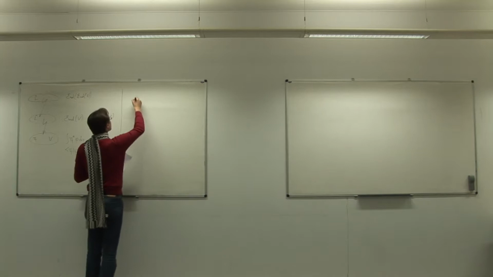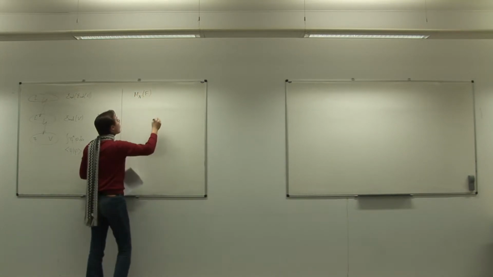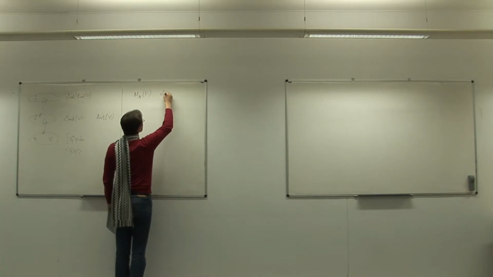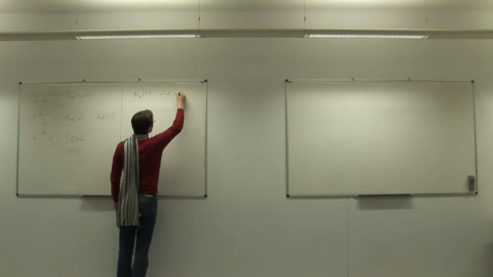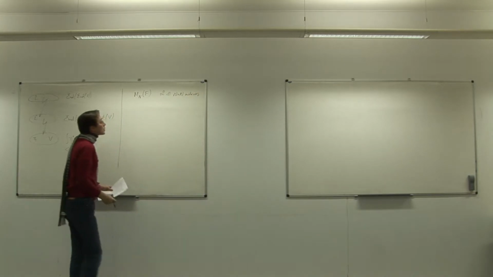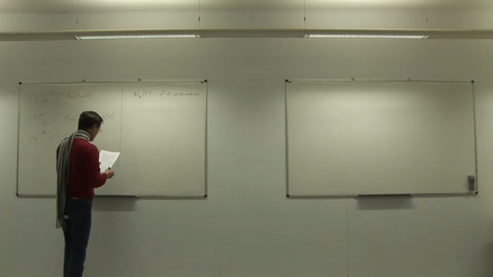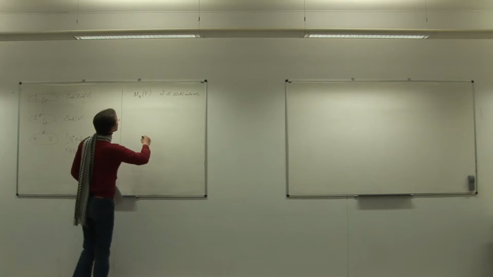So if we have a space, it's called M_n(F), of all n by n matrices, and that would be the space of endomorphisms of an n-dimensional space of vectors, then the dimension of this space is n squared.